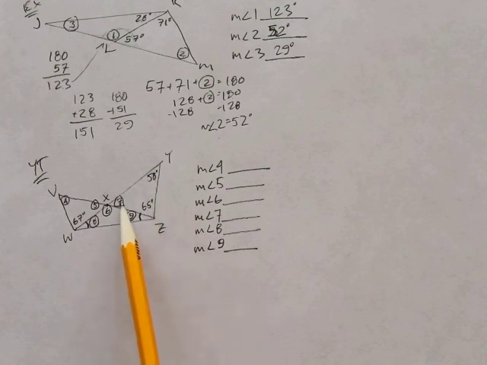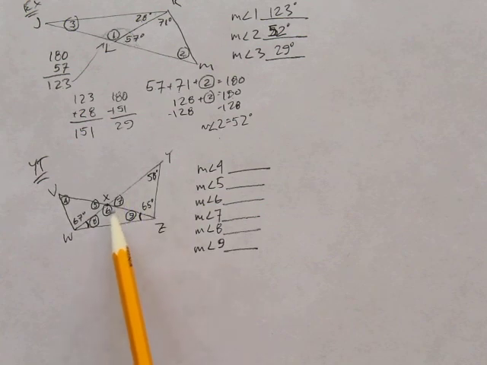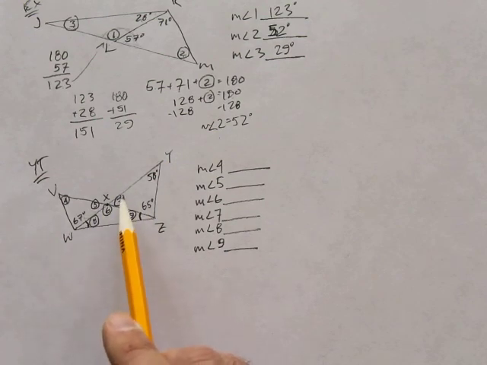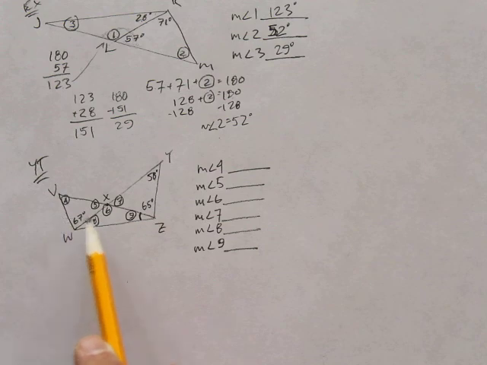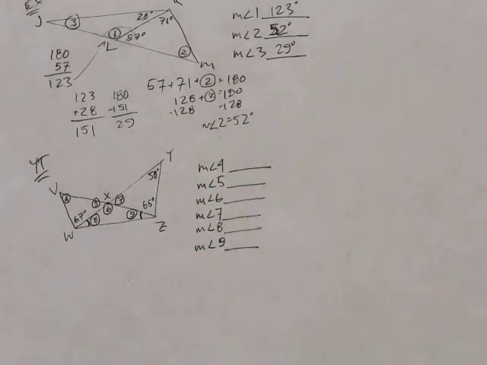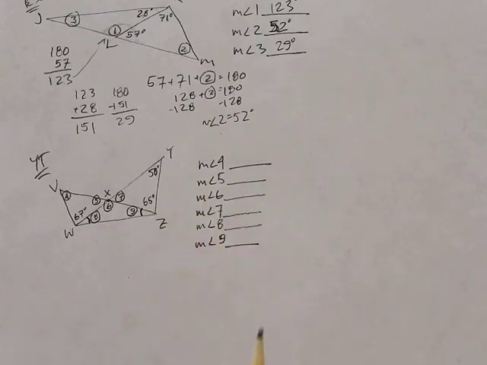So you should be able to find that other one without much of a problem, and then you can use your angles that are part of a line here to find 6, find 5, and then you can find all the rest of them. Okay, so make sure, pause and get as many of these angles as you can, try to get them all, and then unpause and we'll go over how you did. Go.